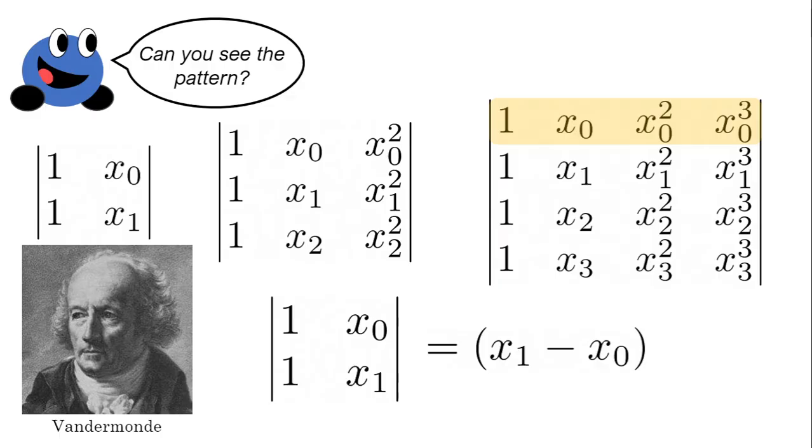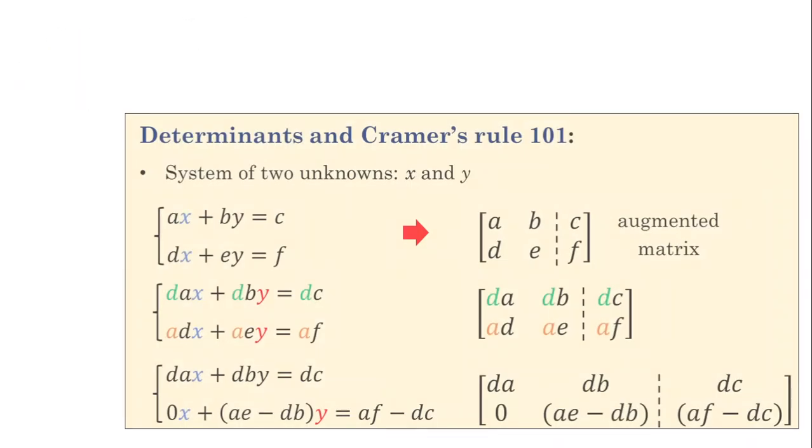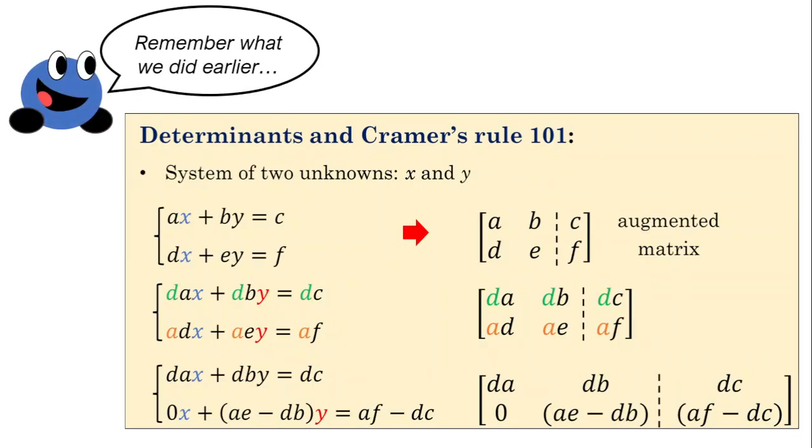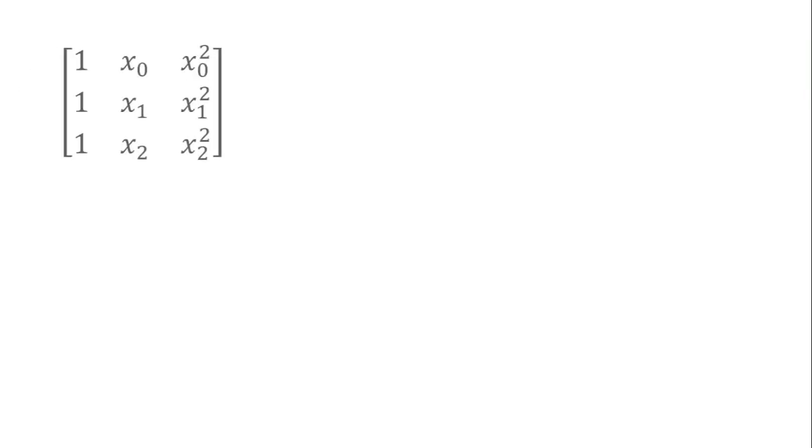Now, for the 3 by 3 case, we follow a similar procedure to what we did with Cramer's rule in the 2 by 2 case. That is, we're going to add and subtract to generate zeros in our matrix. So I show this quickly because it's just computation, and you can always pause to verify if you want.